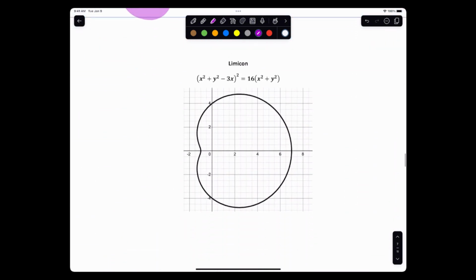This is another polar curve. In Calculus 2, the good news is you get to do this all over again, but with polar curves, meaning r is f of theta and polar relations. You know, so you get to do them both in two settings. One is rectangular and one is polar.